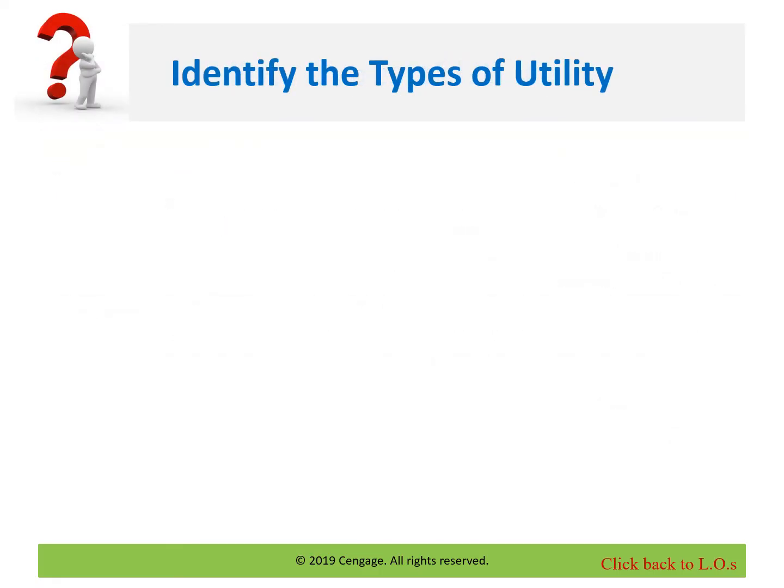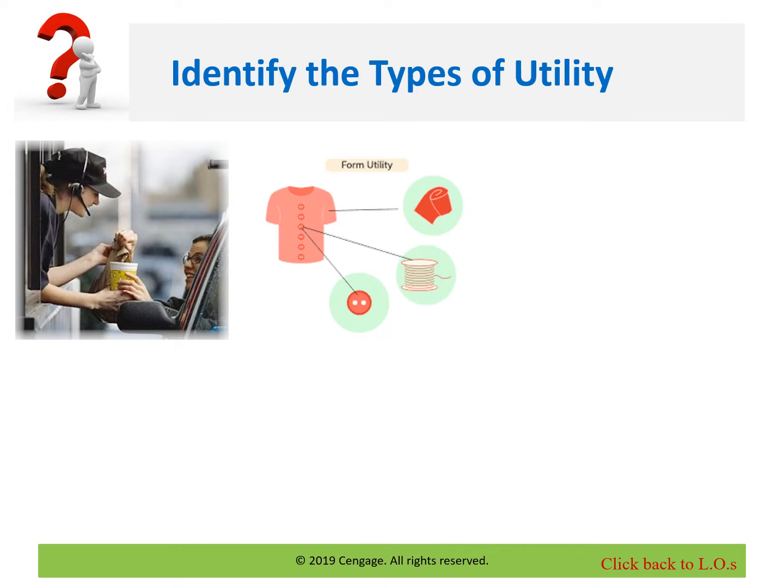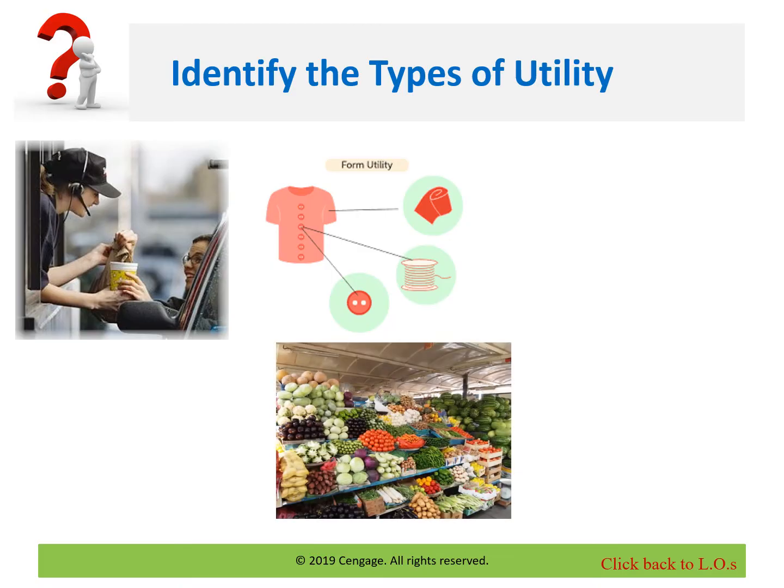Identify the types of utility. First is a t-shirt. Next, we have a lady purchasing from a drive-through. Next example, a vegetable market.